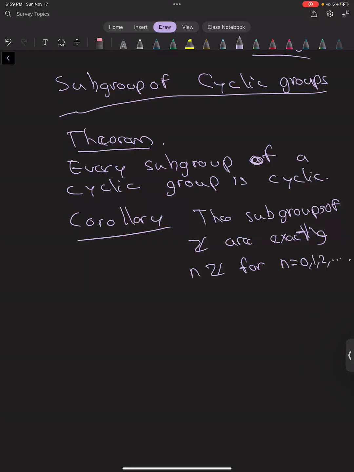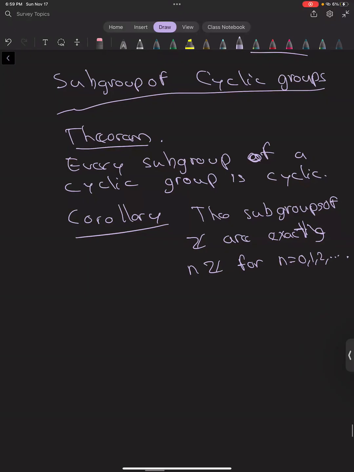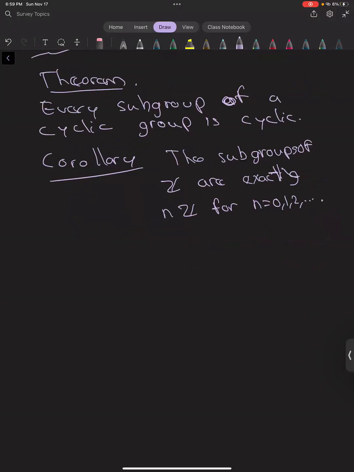As I showed you on so many examples, so multiples. The subgroups are multiples of 3, multiples of 2, multiples of 5, multiples of 7, etc.